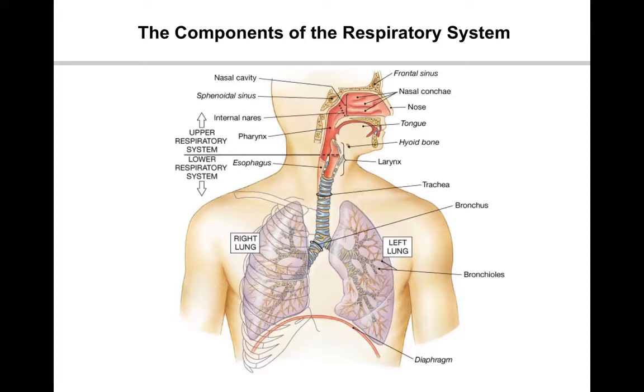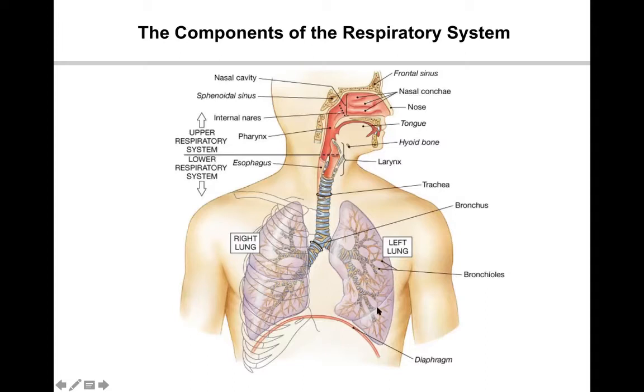The lower respiratory system includes the larynx, which is also known as the voice box. This is the trachea, which is also known as the windpipe. And then there are the bronchi, primary, secondary, tertiary bronchi, and bronchioles, which ultimately lead into the lungs, where the final exchange of gases takes place in the alveoli, which is in here.